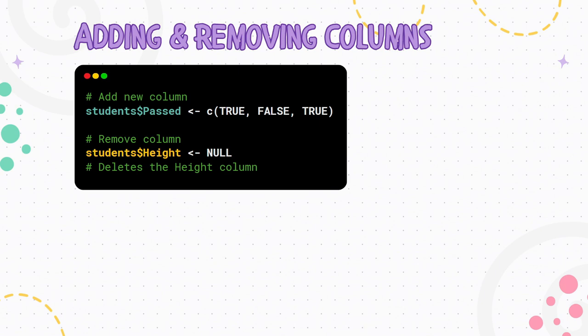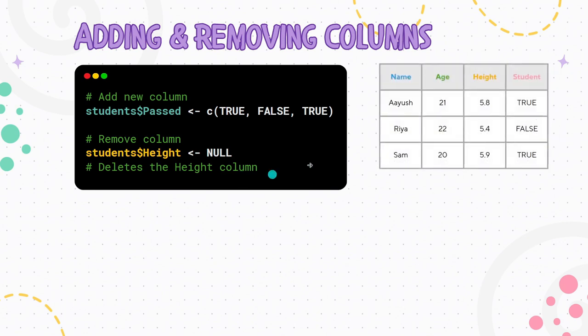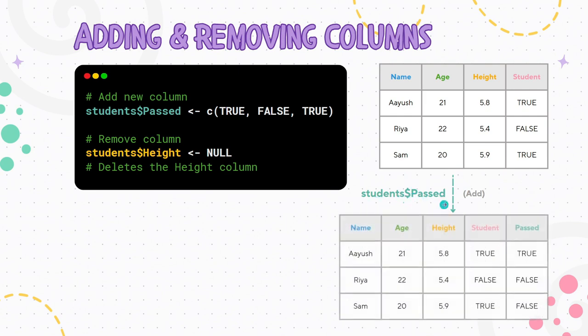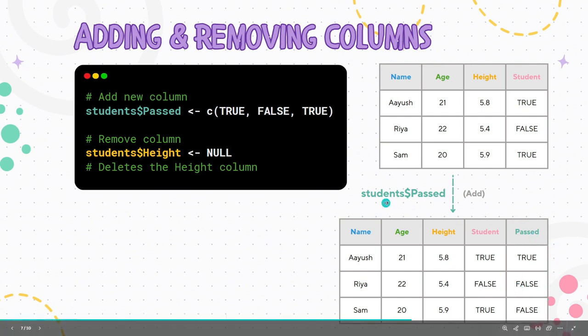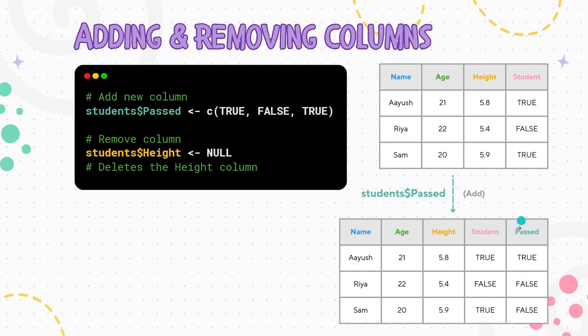Whereas for removing columns, you would just mention the name of the column. So inside students data frame, let's say I wanted to remove the height column. I would just mention that students data frame, $sign, then the height column, and then set its value to null. This will delete the height column. So if I do students $sign passed, it will add the column.